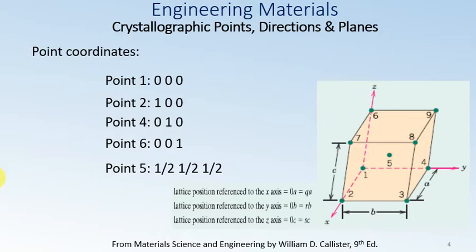Then you can see very clearly that this point 1 is at the center of axis. So its coordinates will be 0 along the x-axis, 0 along the y-axis, 0 along the z-axis. If we take some other point, for example, take point 8.